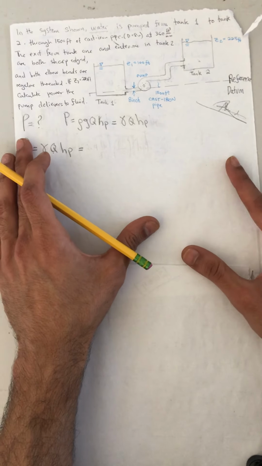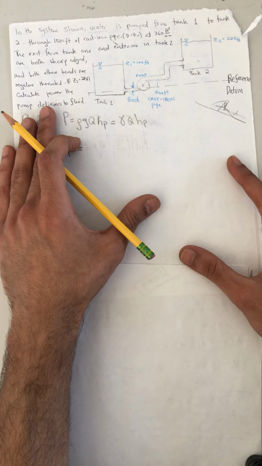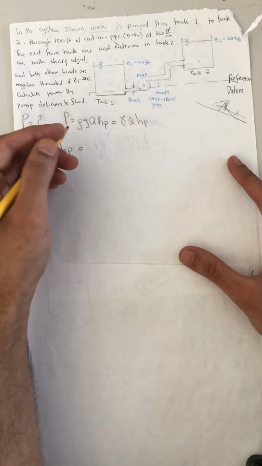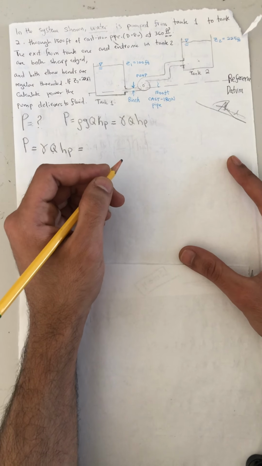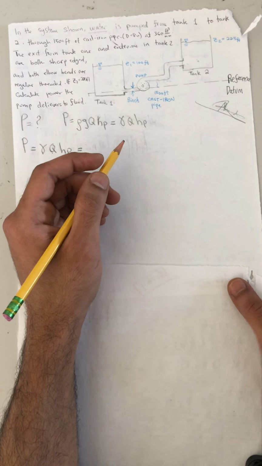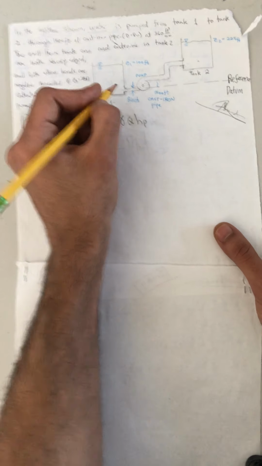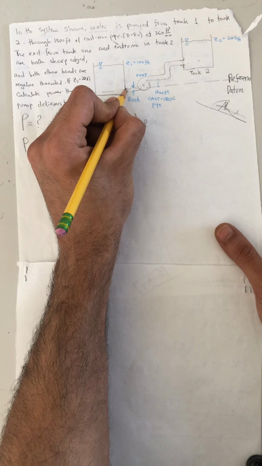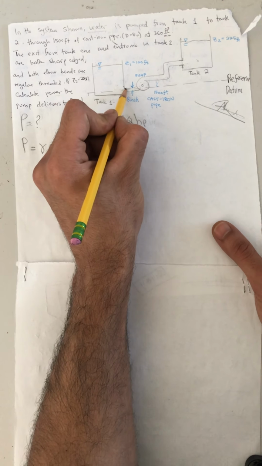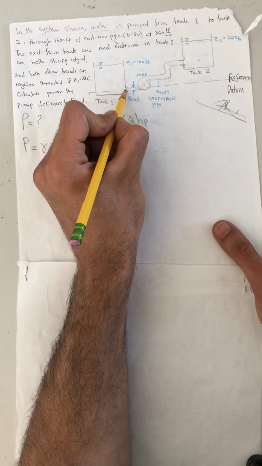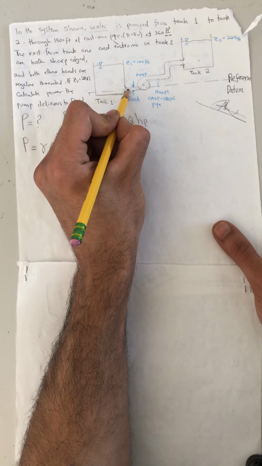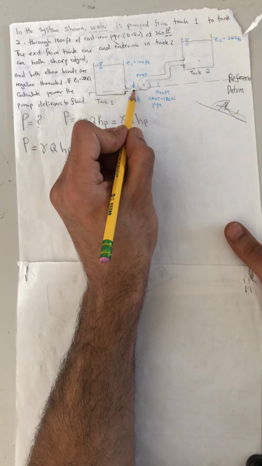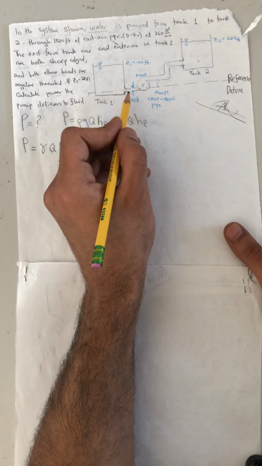Let's go back to our diagram one more time and follow the direction of our flow from tank 1 to tank 2. Our flow enters the sharp-edged entrance from tank 1, and it is affected by the sharp edge. We will go into this with more details in a moment.